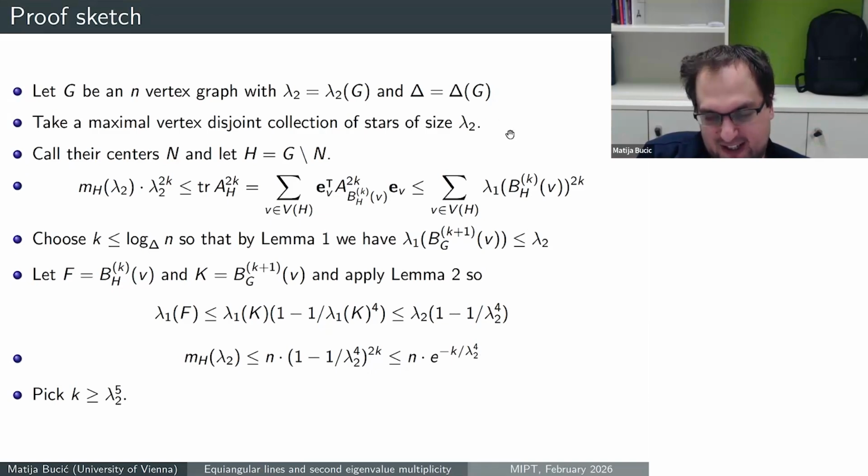So this is actually doing extremely well in this case. And the reason we have this n over lambda 2 plus 1 showing up is because of the Cauchy interlace and the deletion of the centers of the stars in the second step here. And that's it. That's the whole proof. So you now balance out these two bounds and you get that lambda 2. For these two inequalities to be simultaneously satisfied, you need lambda 2 to be smaller than something like log delta n to the 1/5.